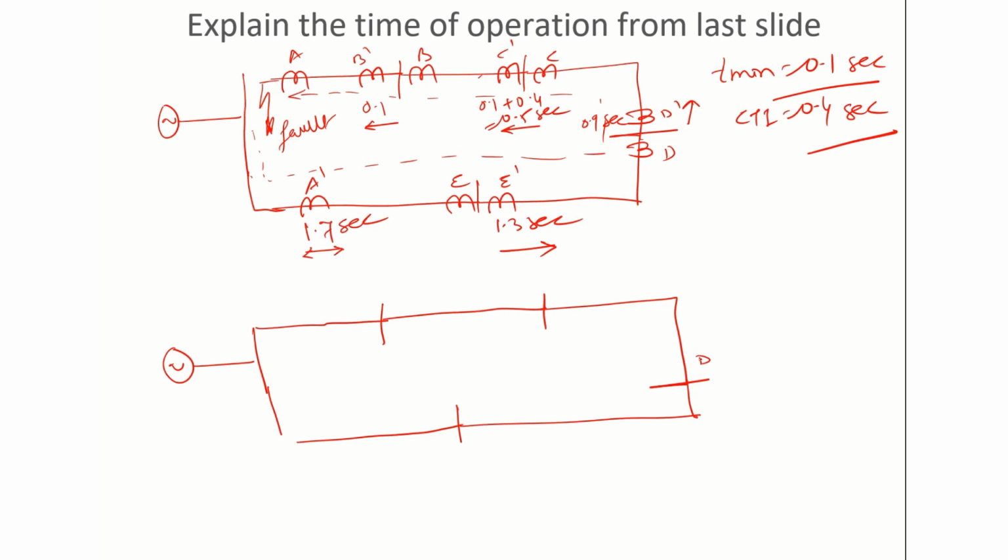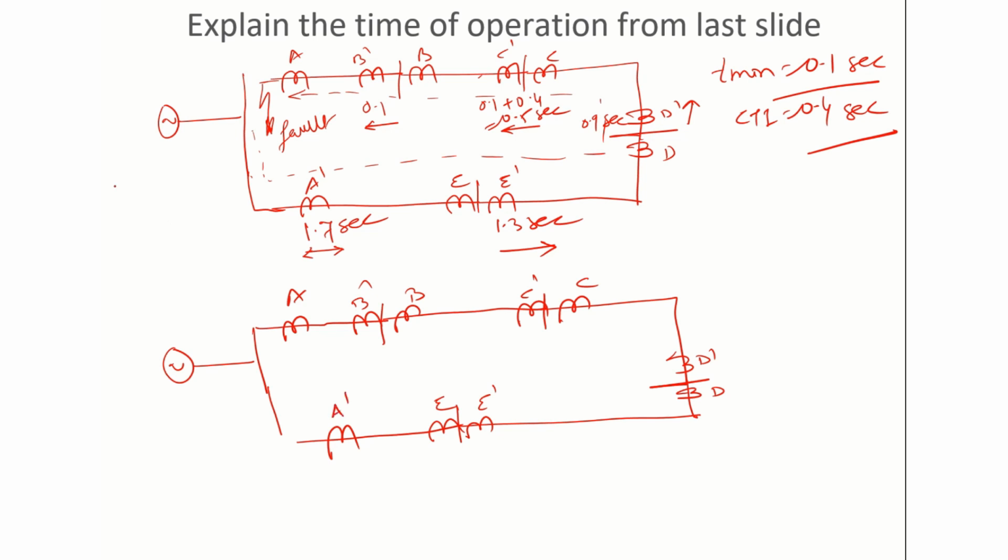So this is D dash D, this is E dash E, this is B dash B, C dash C, A, and A dash.